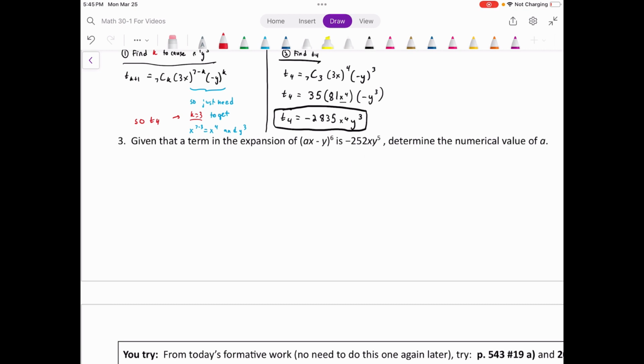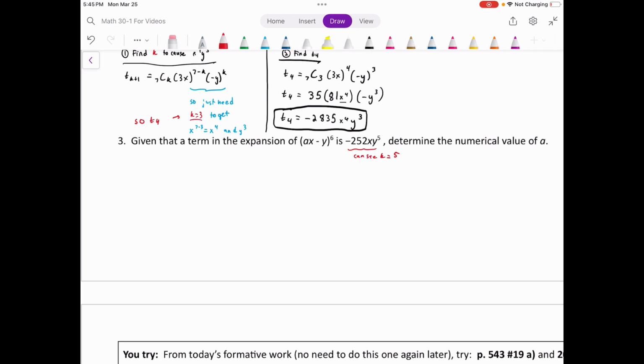You could also use that counting method, right? 6, 5, 4, 3, 2, 1 for x, or 0, 1, 2, 3, 4, 5 for our y. So we can see here that k equals 5. Again, if we wanted, we could write out the binomial expansion and see what that gives us. Okay, but we can see that our k is 5.